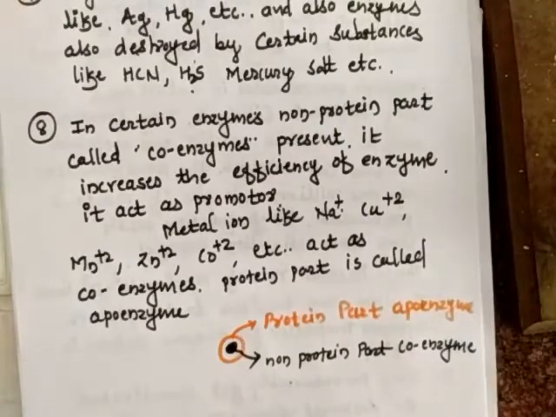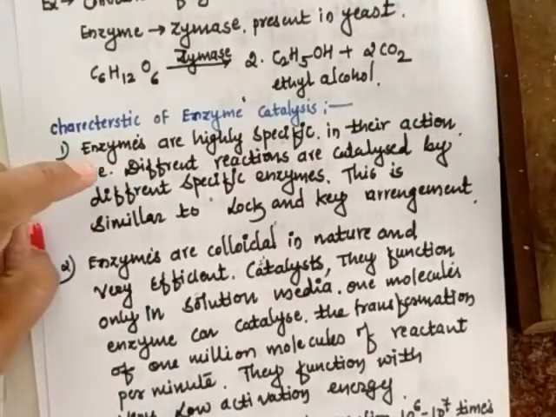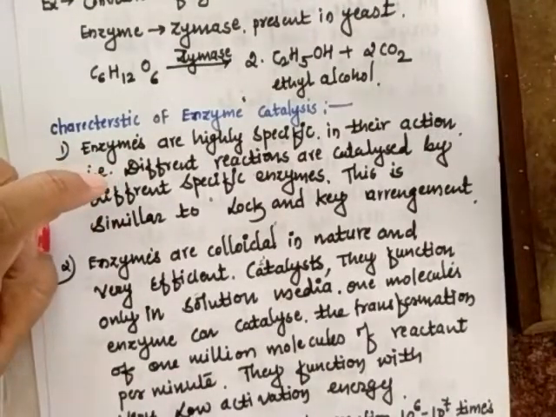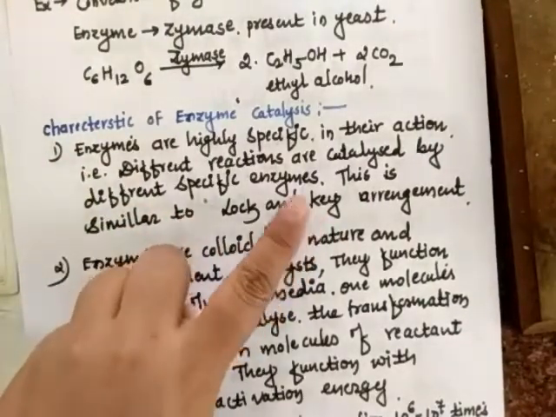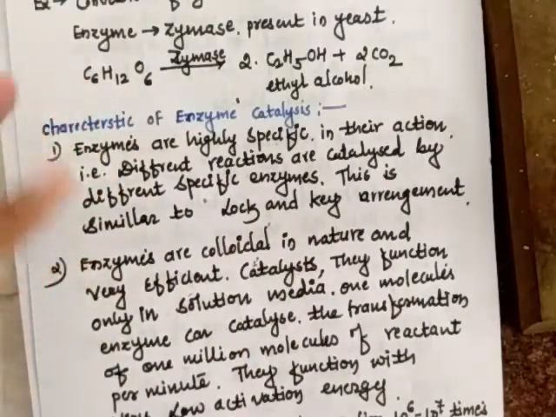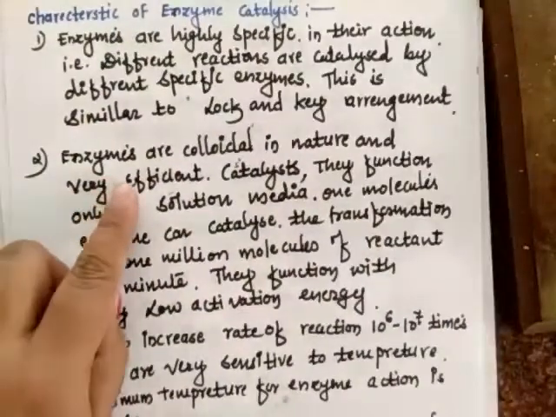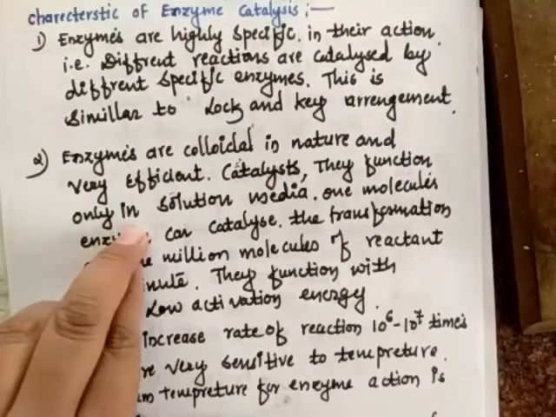Let's take another glance at all 8 characteristics. First, enzymes are highly specific in nature. Their action is different for different reactions, similar to a key and lock arrangement: different enzymes for different reactions. Second, enzymes are colloidal in nature and very efficient catalysts, and they function only in solution.